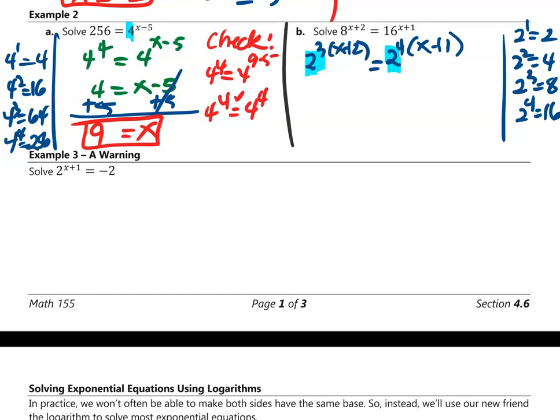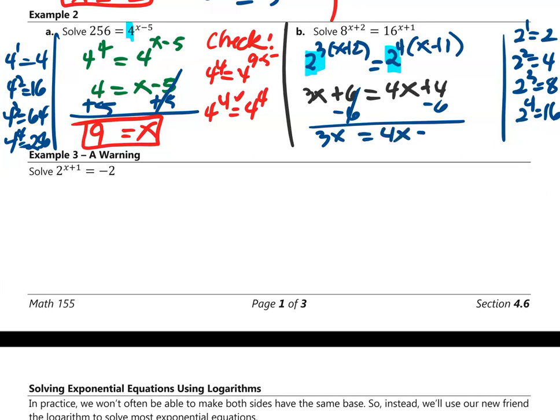3 times x is 3x, 3 times 2 is 6, is equal to 4 times x is 4x, 4 times 1 is 4. Now we can solve for x. So if we subtract 6, 3x is equal to 4x minus 2, and then subtract 4x.